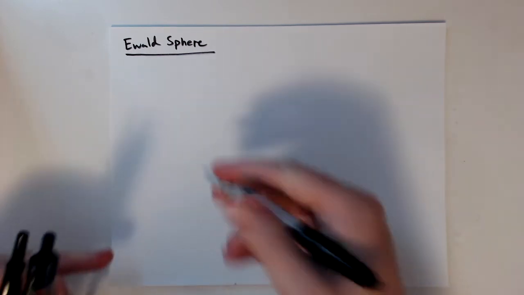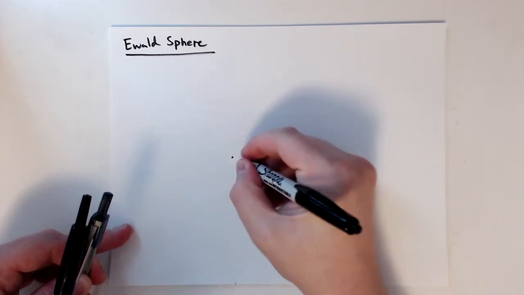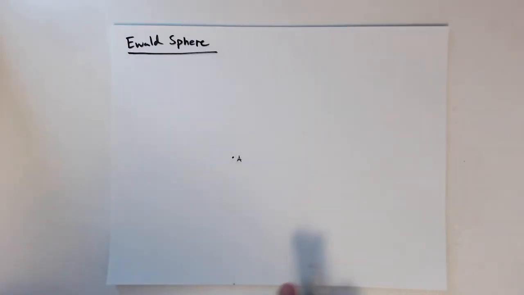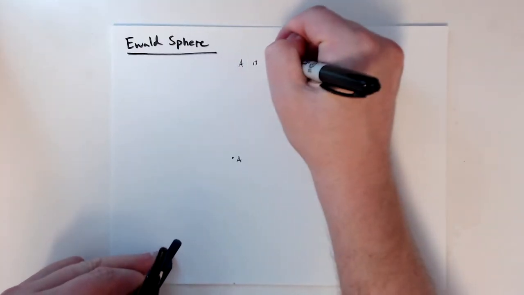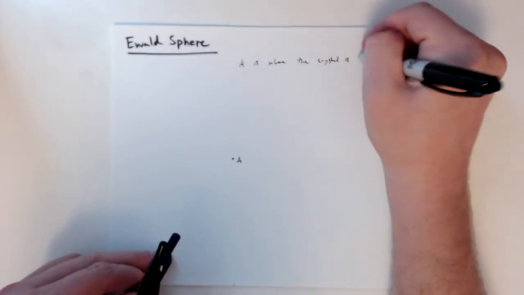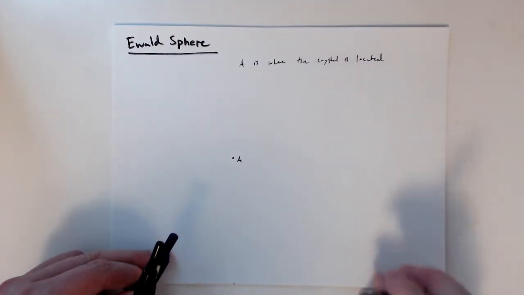If I draw a point here, labeled A, this is basically the center of the sphere, and it's where the crystal is located. So A is where the crystal is located. That's the center of the sphere.